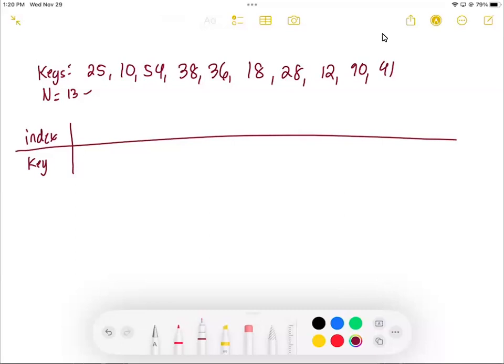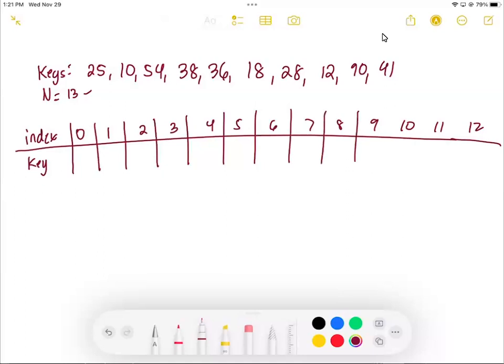But more often, the number of buckets will also be the number of keys in your map or dictionary. Okay, so our index starts with 0, 1, 2, 3, 4, 5, 6, 7, 8, 9, 10, 11, and then 12, since we have 13 buckets.